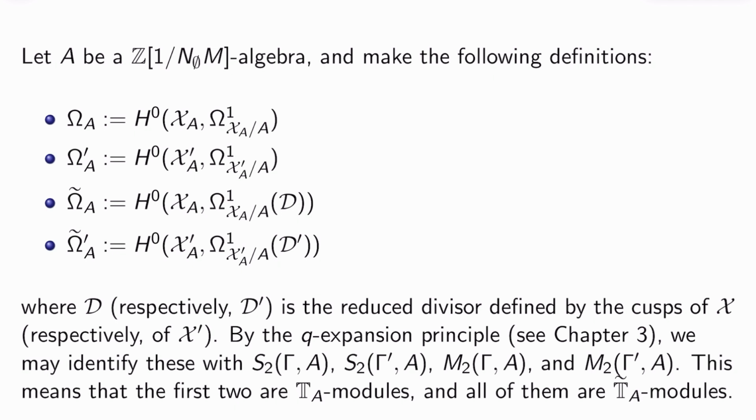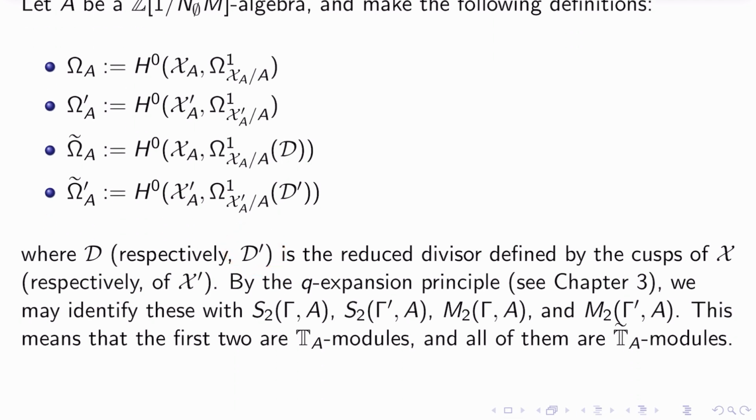So fancy D, and respectively fancy D prime, is the reduced divisor defined by the cusps of fancy X, respectively of fancy X prime. So, these might be complicated looking objects, but by the Q expansion principle, which we covered back in chapter 3, we can really just identify these with S2 gamma A, S2 gamma prime A, so spaces of cusp forms, M2 gamma A, and M2 gamma prime A, spaces of modular forms.